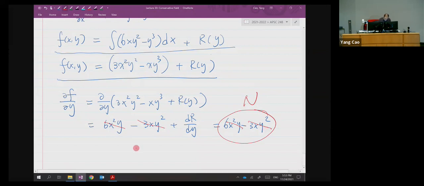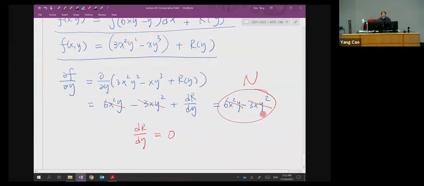So you end up with just dr over dy equal to 0. When you have a derivative equal to 0, what does r literally mean? What's r? A constant, any constant.